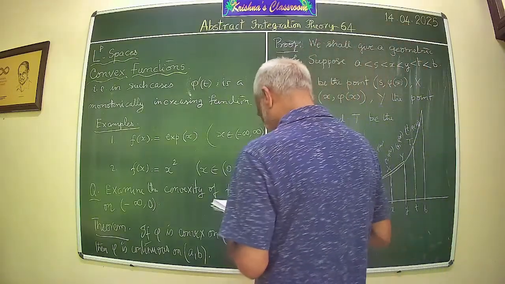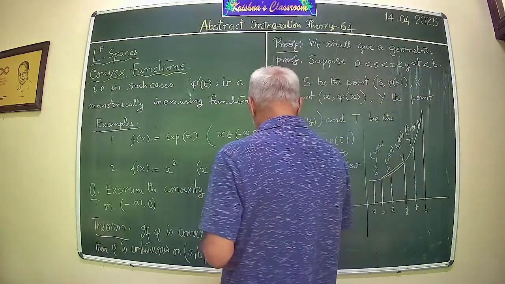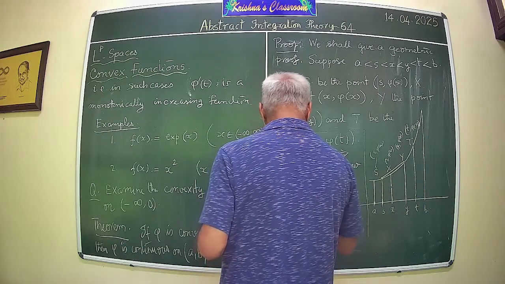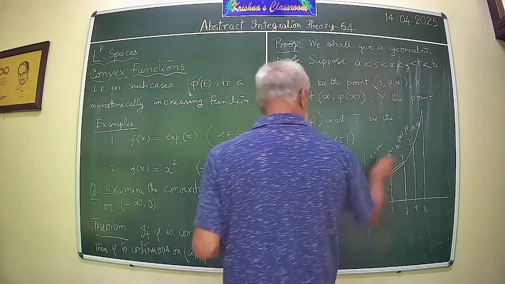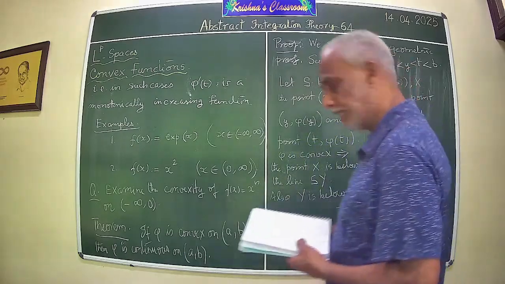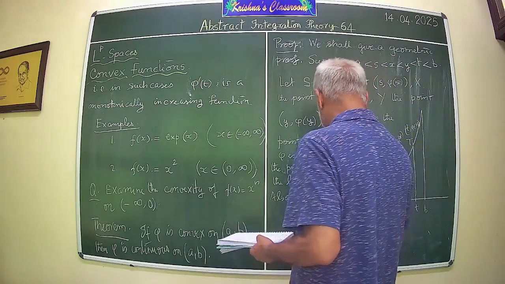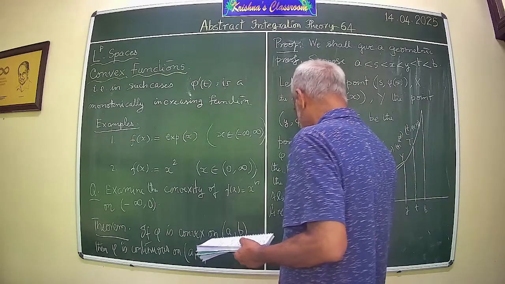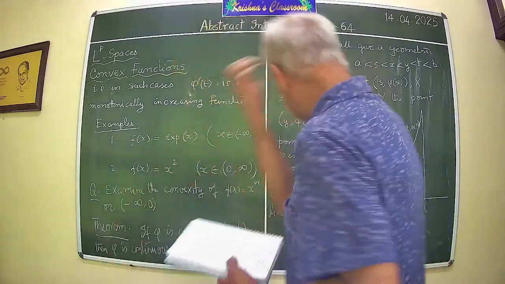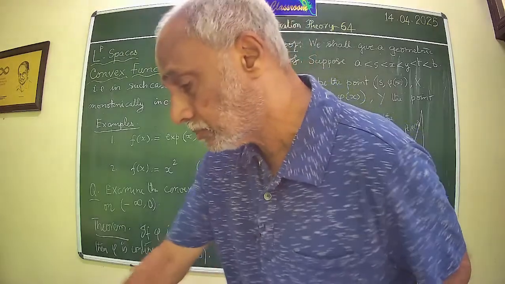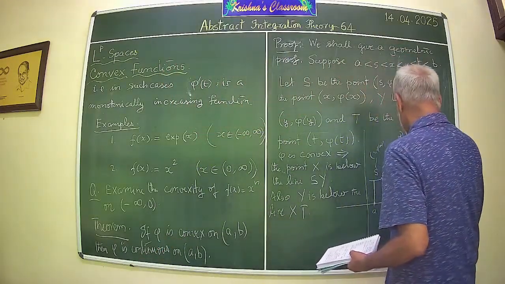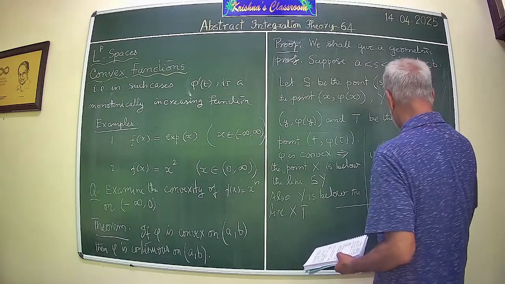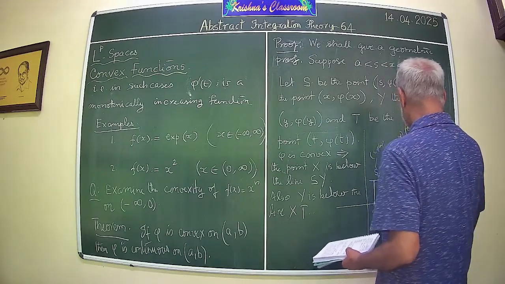Also, Y is below the line XT. This is the line XT. So the point Y lies below it.